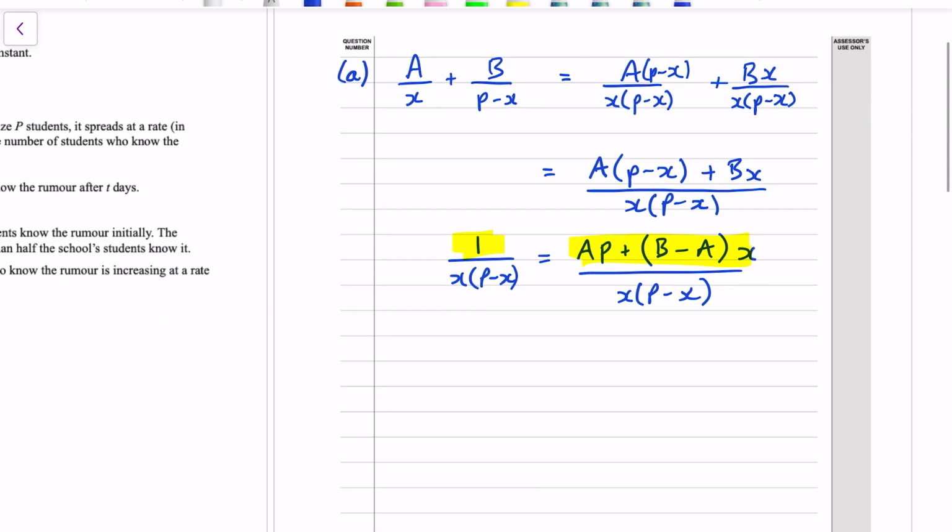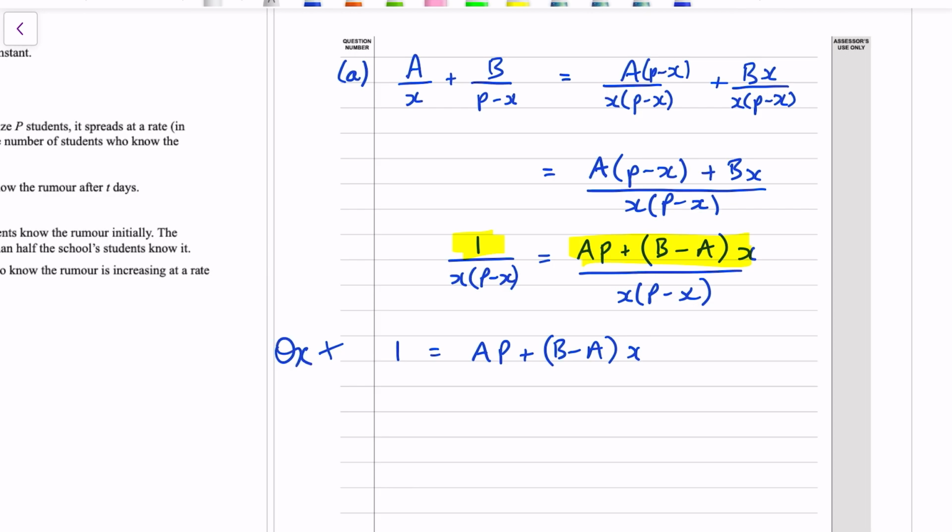There's two ways to think about this. For partial fractions, you can either say, let's equate 1 with this expression here, and so 1 is just a constant and AP is a constant, but the other term is a linear term. So because there's no x's on the left hand side, it's 0x plus 1.